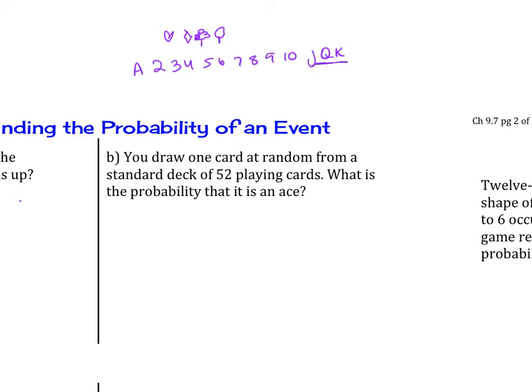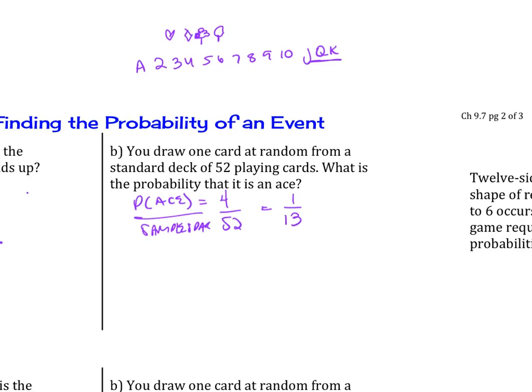That's how we get 52 cards. So there are 4 aces, so 4 out of 52 cards. 52 is the sample space. We could reduce so that it ends up being 1 out of 13.